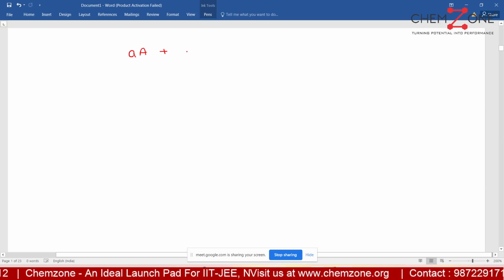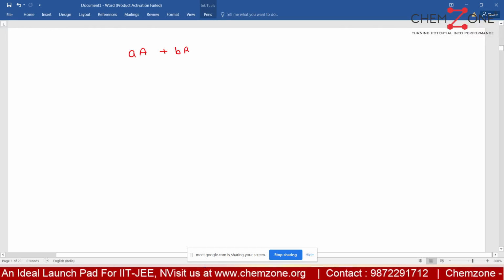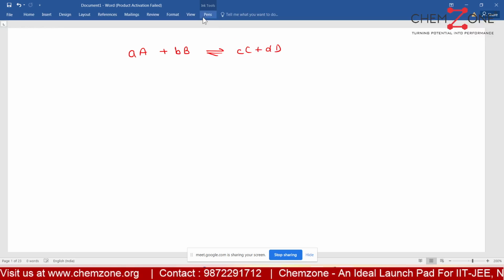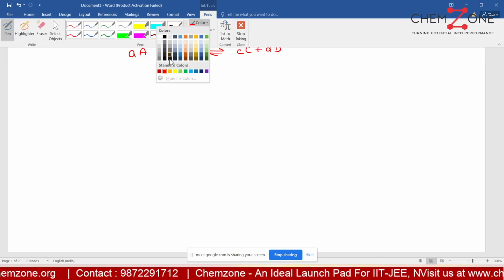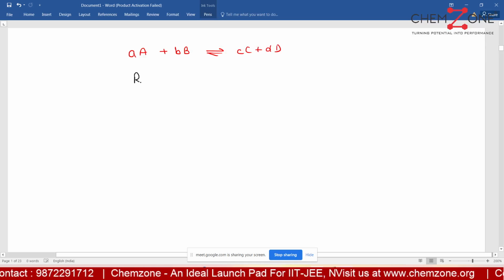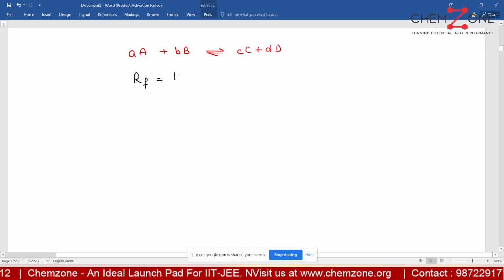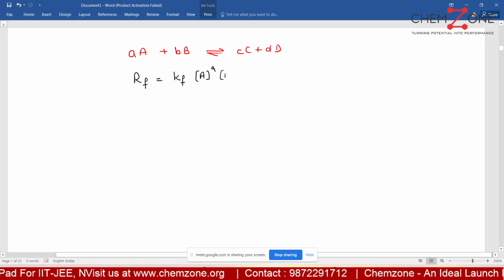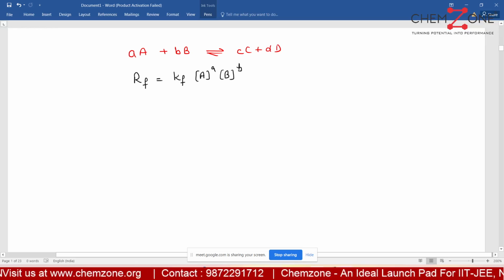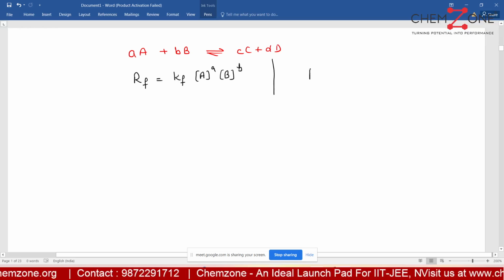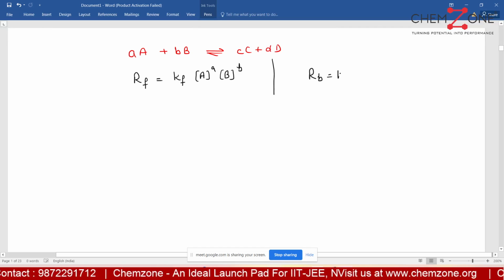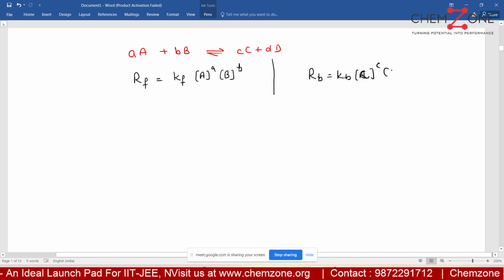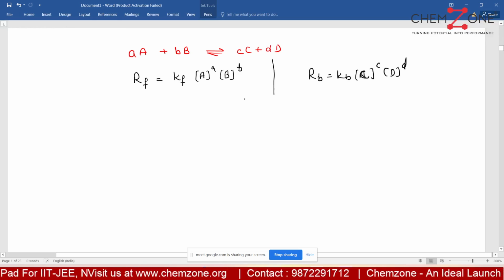Now, a moles of A reacting with b moles of B to give c moles of C and d moles of D. I have a reversible reaction. Rate for the forward process is equal to Kf into [A] to the power a and [B] to the power b. And rate for the backward process is equal to Kb into [C] to the power c and [D] to the power d. Is that clear?